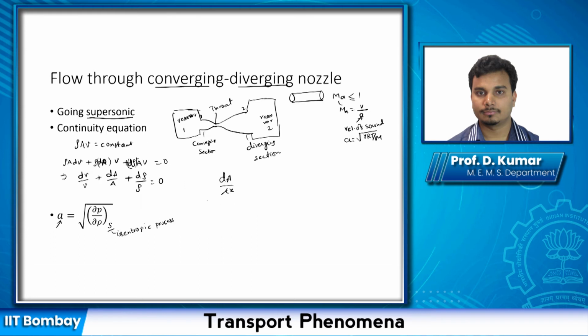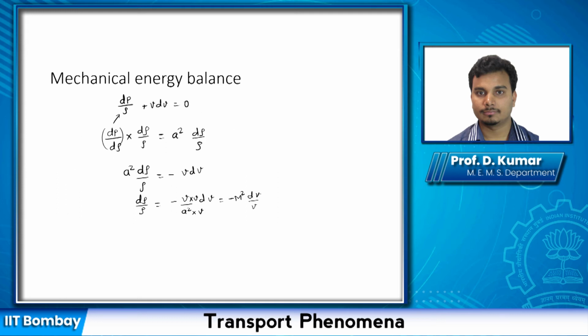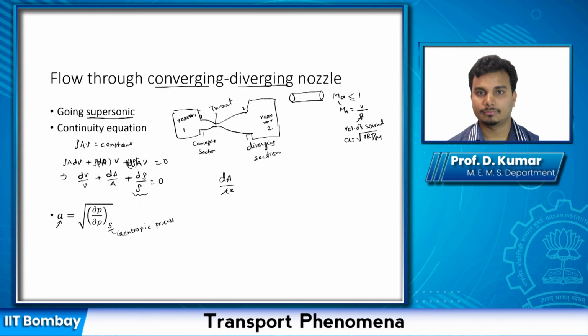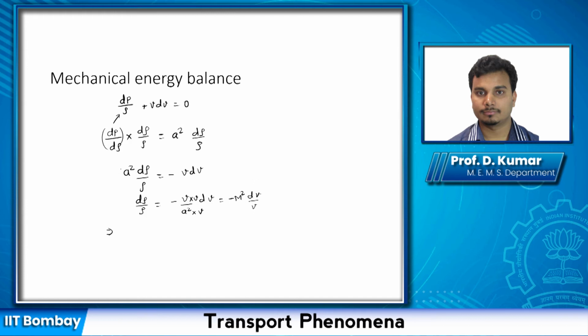And from the earlier equation, we already know d rho by rho can be written as minus dV by V minus dA by A, and this is equal to minus M squared dV by V. So you can cancel all of this.